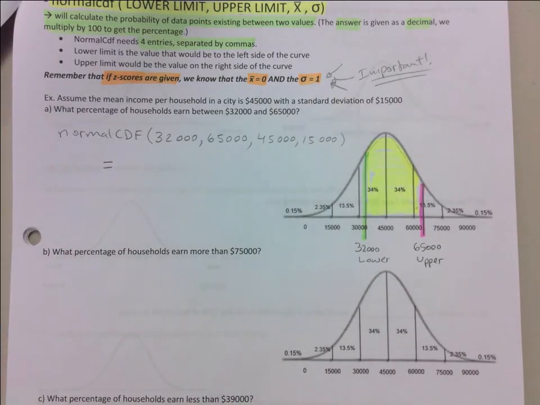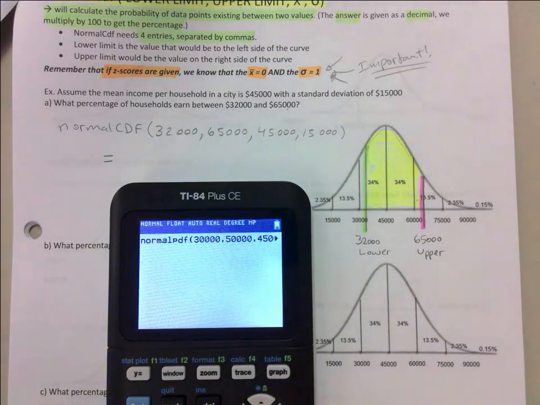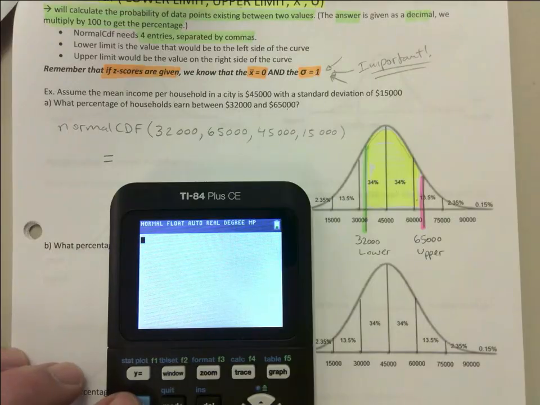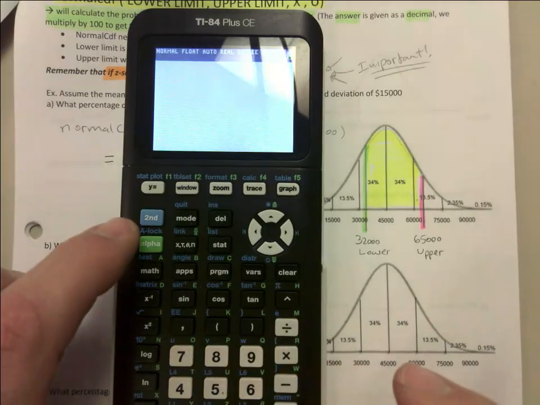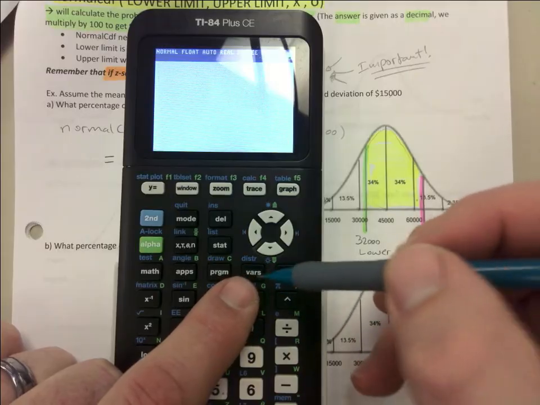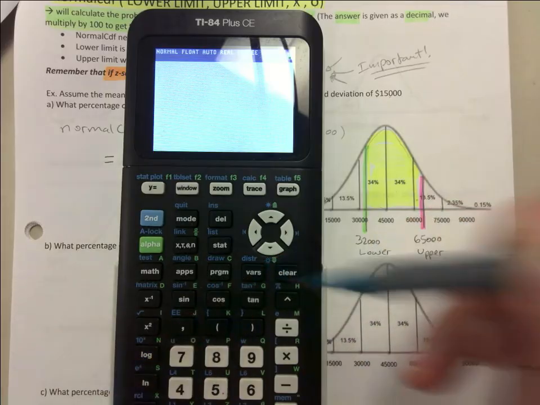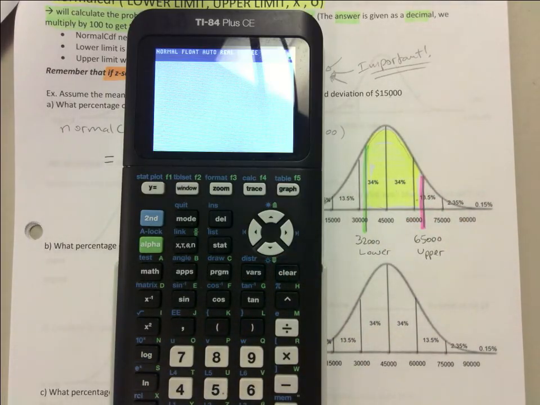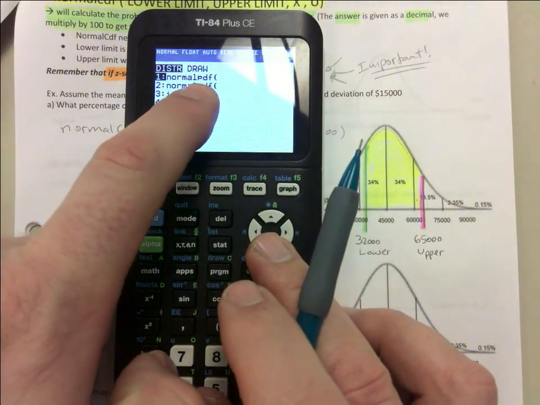So grab your calculators and let's try this out. A lot of students forget about this one. You have to press second vars. So let me show you on the screen. Second vars. What we're really accessing is distribution. See that written in blue? We're looking at distribution of data. So second vars, and don't use PDF.